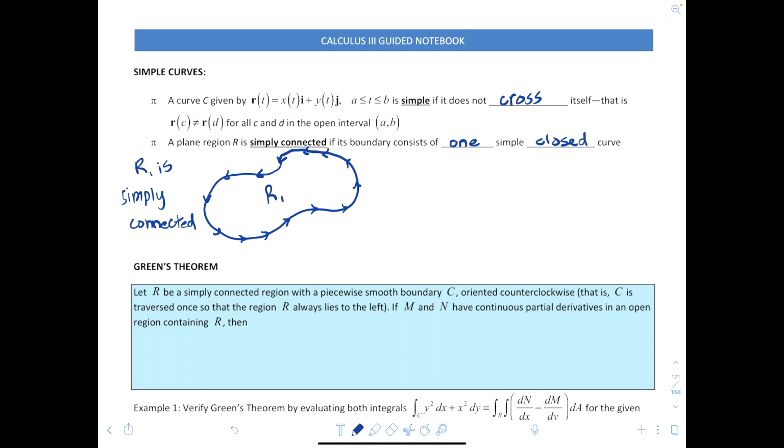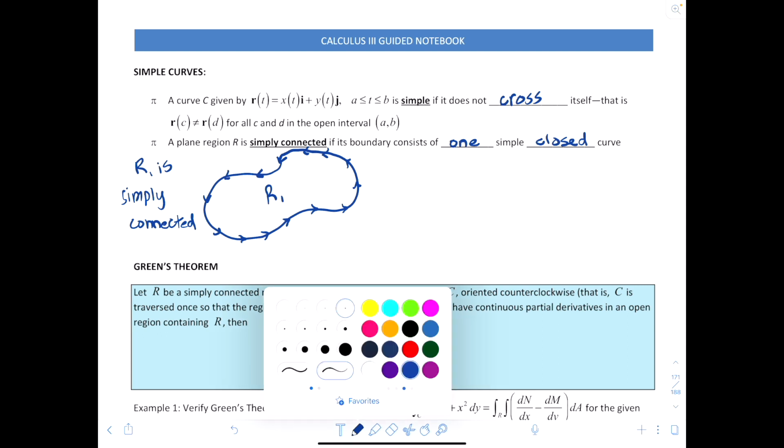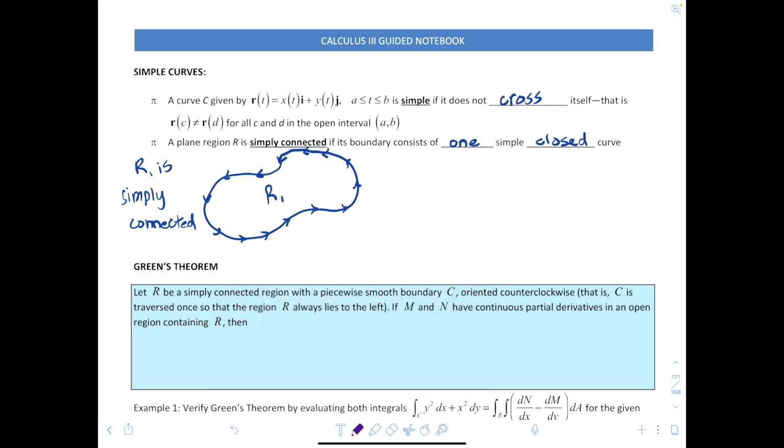Cool. But if you have something like this, where let's say it goes like this. Do you see how it intersects itself? And so this is not going to be a region which is simply connected, right?